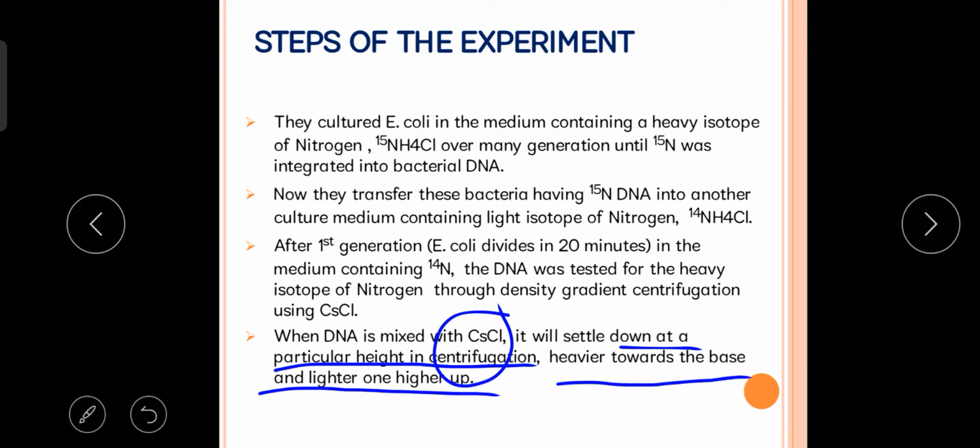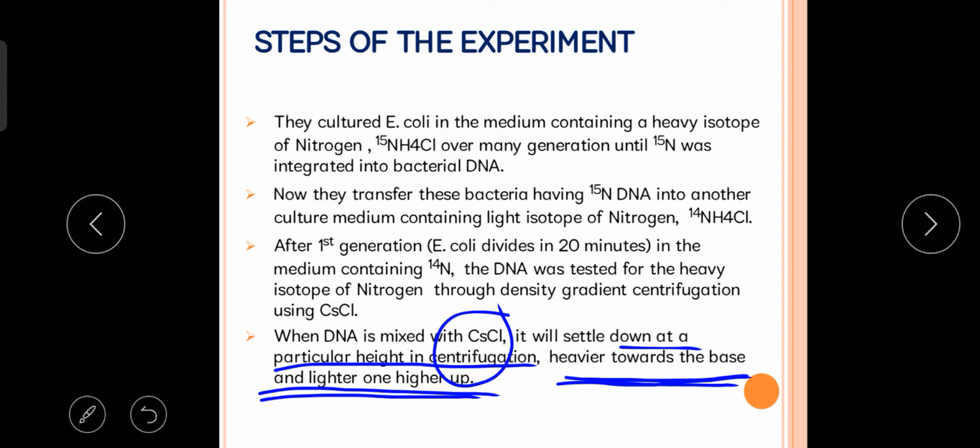That means always that DNA which is labeled by heavy isotope, in this case the heavier one is the 15N and lighter one is the 14N. So the heavier one settles down towards the base and the lighter one higher up. Okay, do you get my point?